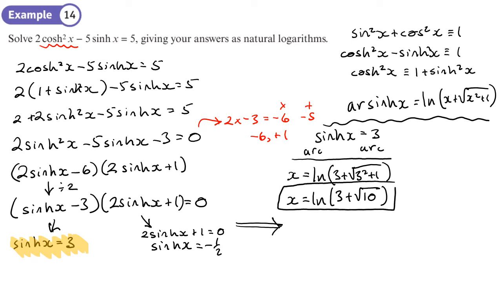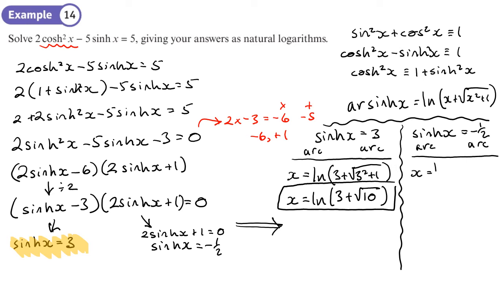Okay, now for the other one, which was sinh x equals negative a half. Now sinh x can be negative because that does go below the axis. So we'll do arcsinh of both sides. So we'll end up with x equals ln of negative a half plus the square root of negative a half squared, run out of space here, plus 1.